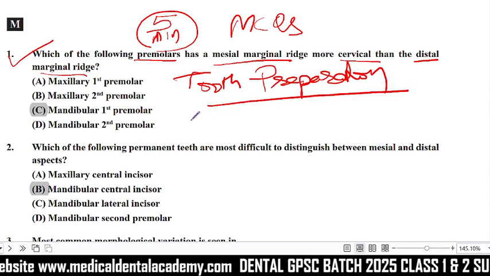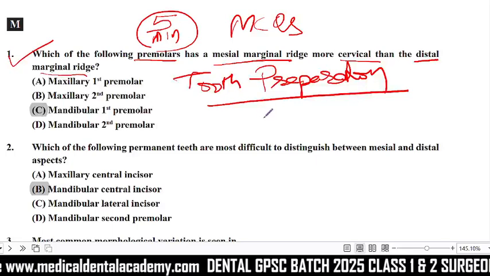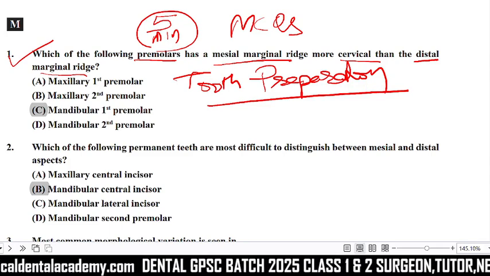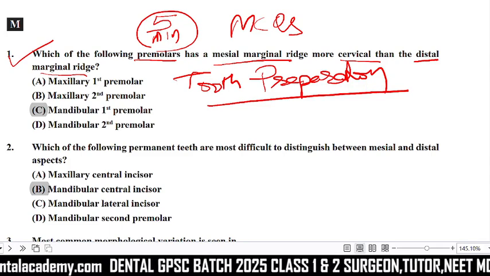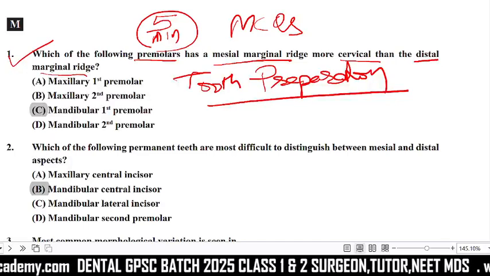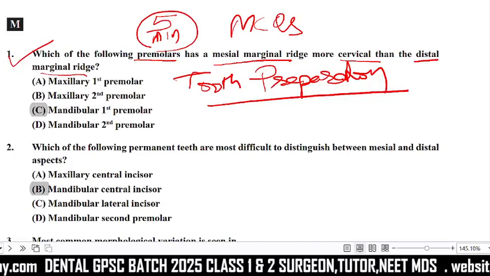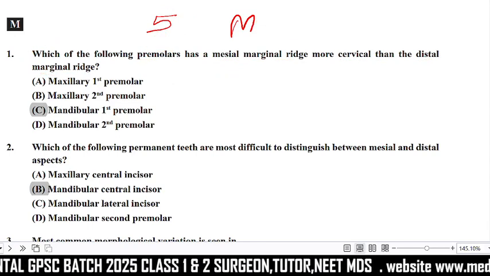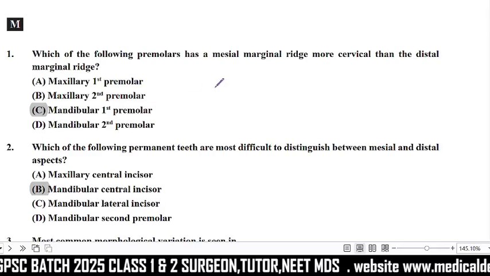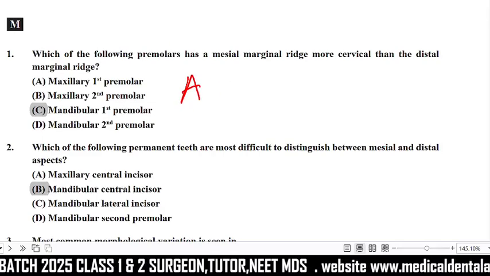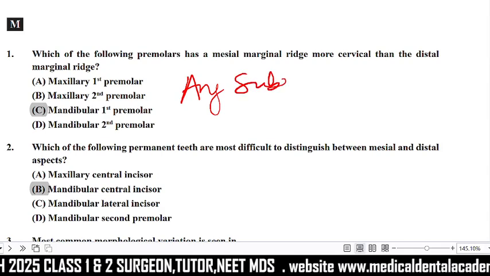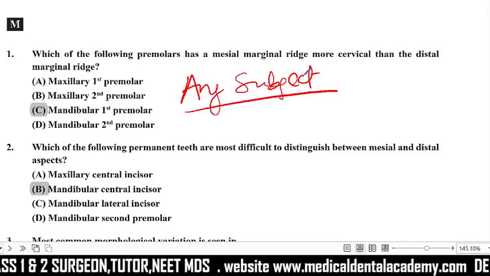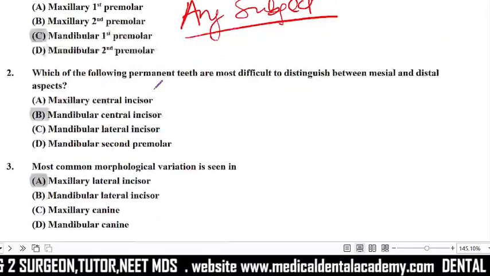What are its ridges? What are line angles, point angles? Everything you should know. So I am making it easier for you: whenever you are preparing, just think that any question can be asked related to conservative, related to endodontics, or related to any subject in dentistry.